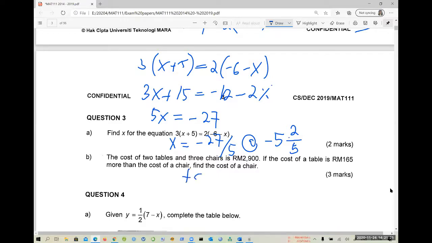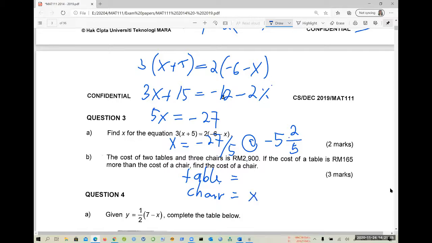So this is the situation where you have tables and chairs, right? So in this situation, you need to identify or give a variable to one of the attributes. Because they want to find the cost of a chair, I might want to put x over here for the chair.